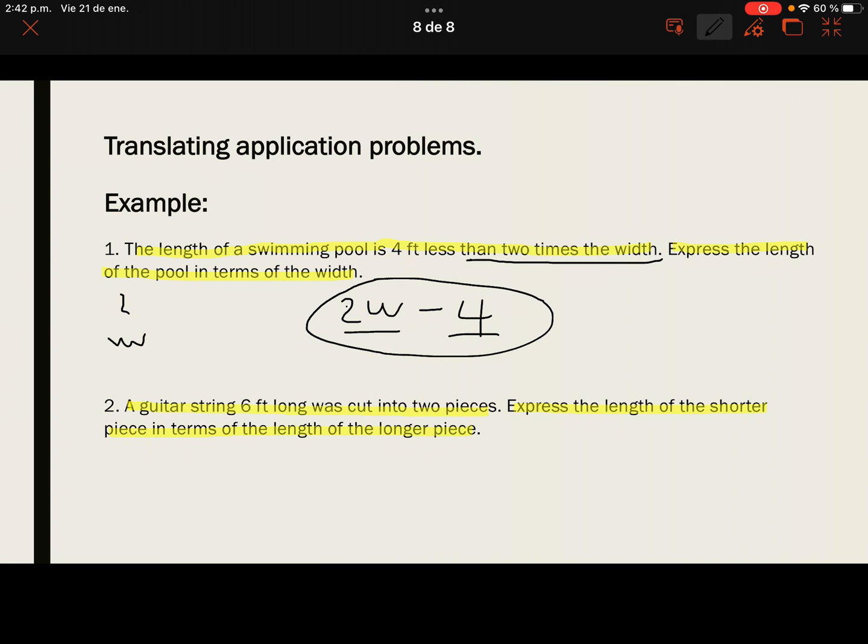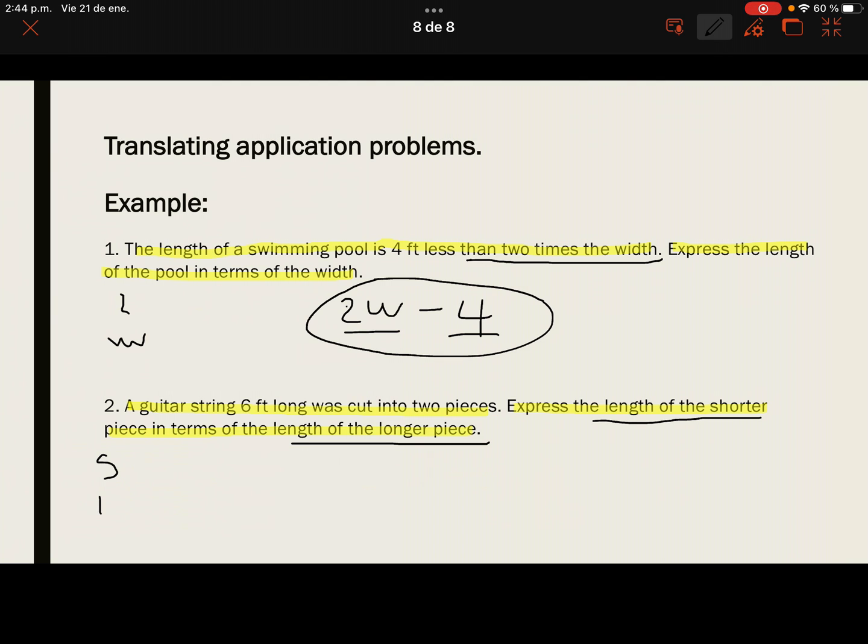The string of a guitar is cut into 2 pieces. One piece is the shorter and the other piece is the longer. We have to express the length of the shorter in terms of the length of the longer piece. Then L must be the variable.